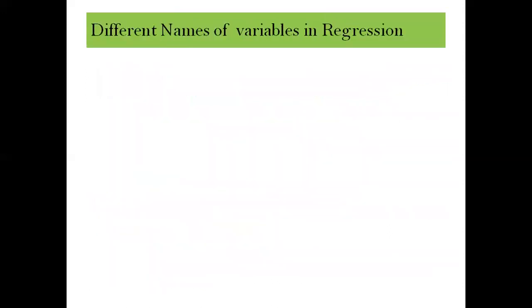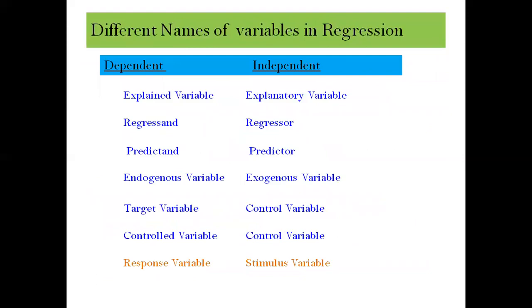We use different words for dependent and independent variables in regression analysis. Generally, the variable which is supposed to be affected by different variables is called dependent, and the variables which affect are called independent.